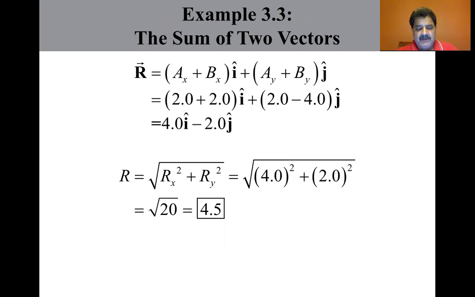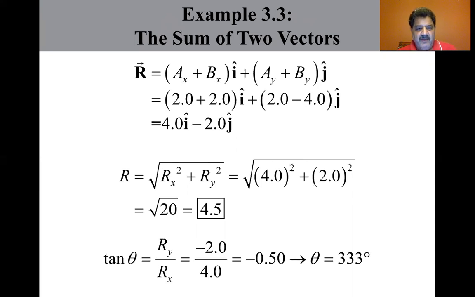Now let's find the direction of R, and that is tangent theta equals Ry divided by Rx equals minus 2 over 4, which is equal to minus 0.5. Now, which is 333 degrees.